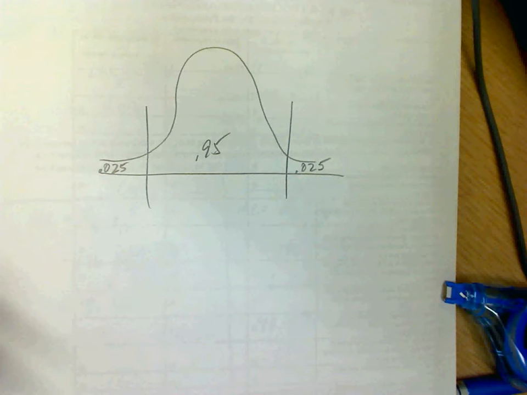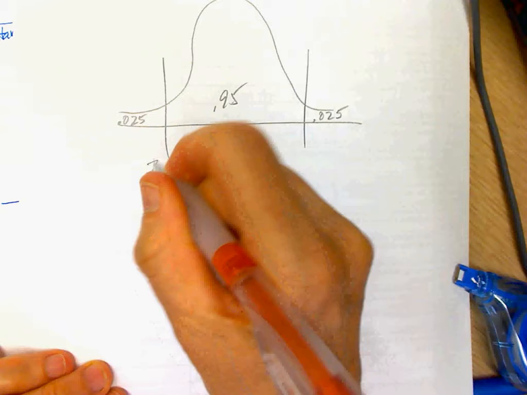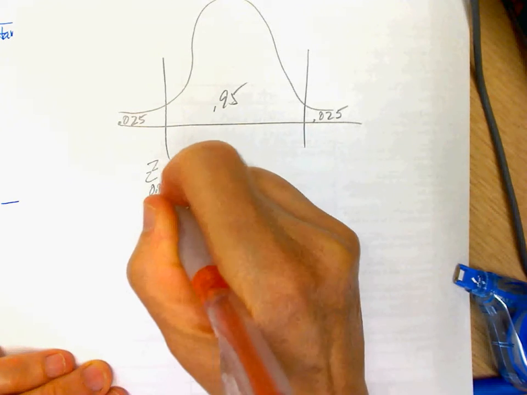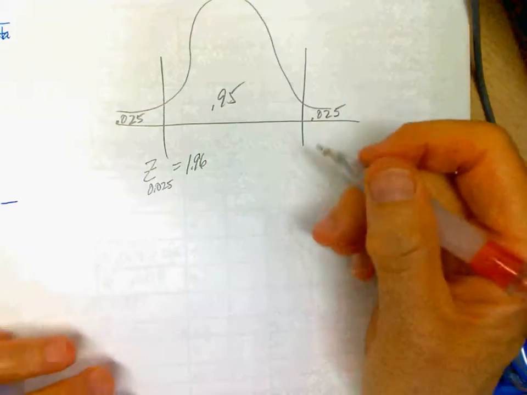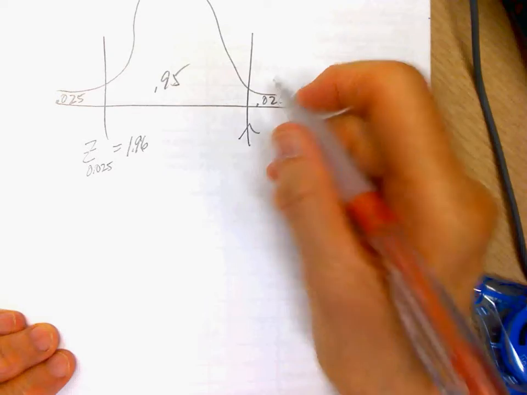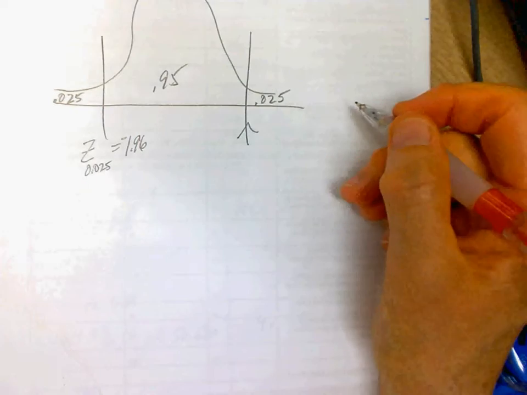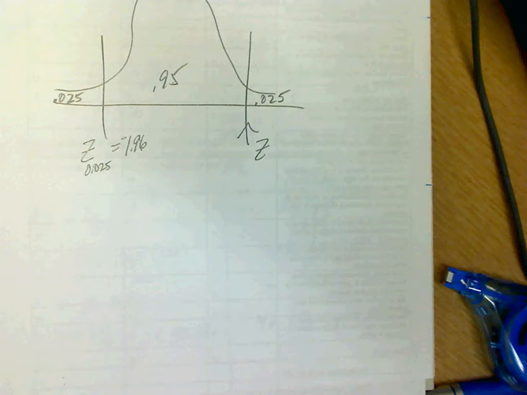So the Z score for 0.025, if you were to look that up, is negative 1.96. And the Z score for 0.975 is equal to positive 1.96.